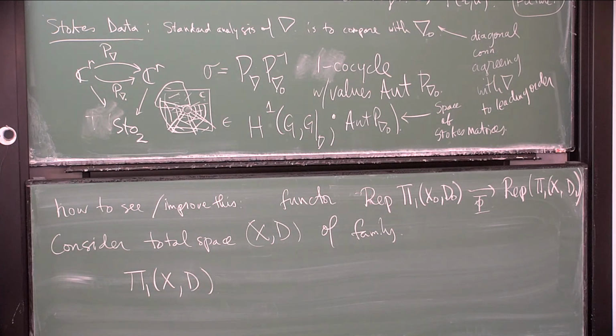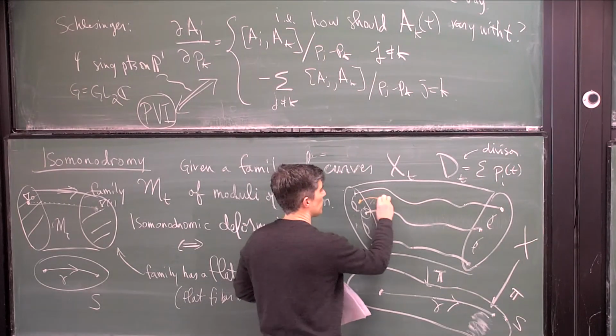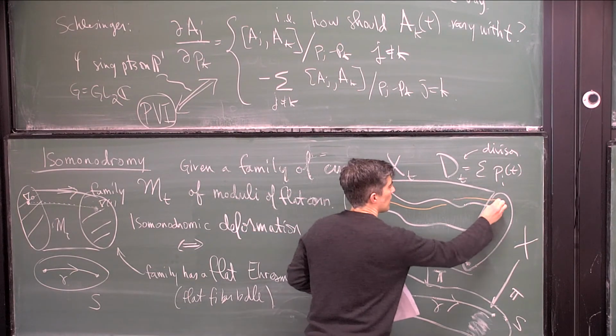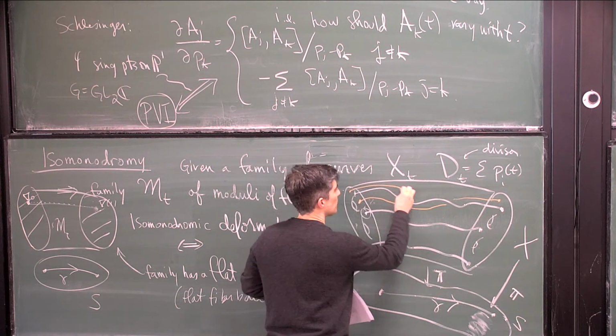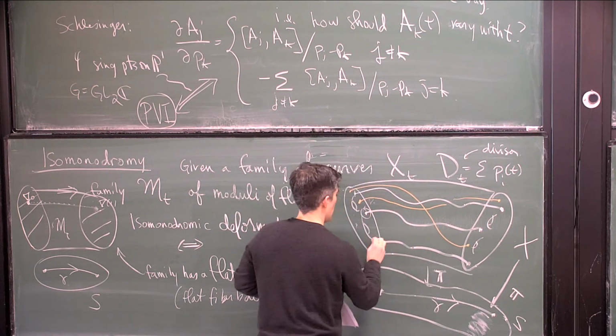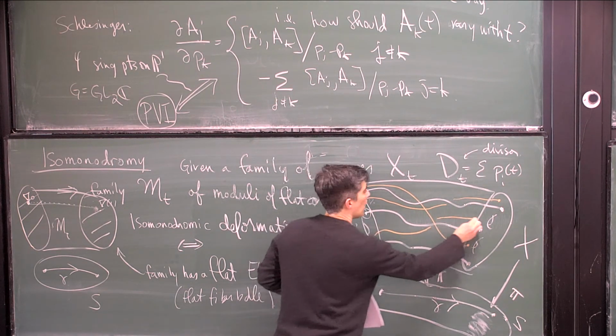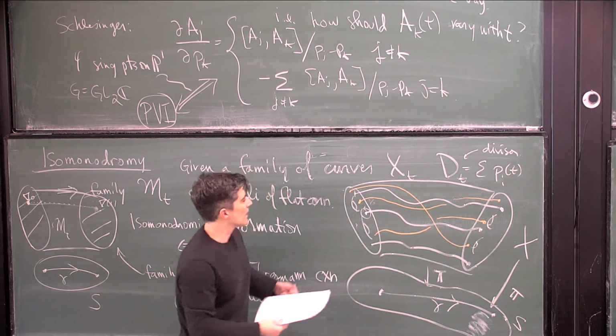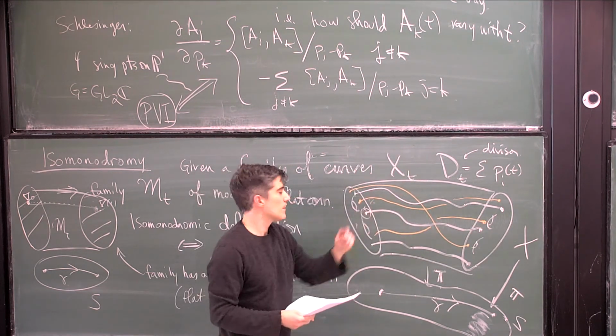So what does that mean? That means that we are now going to consider all possible paths of this. You have to start and end at these two?